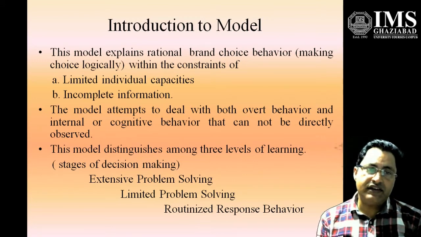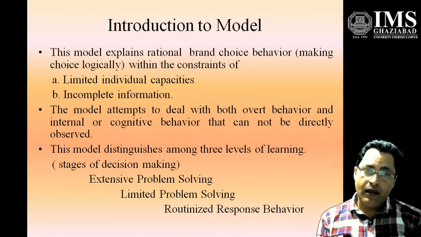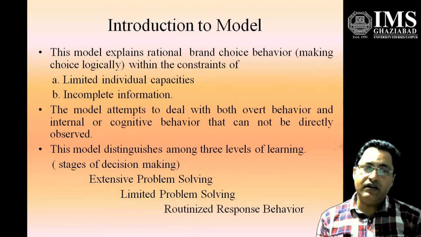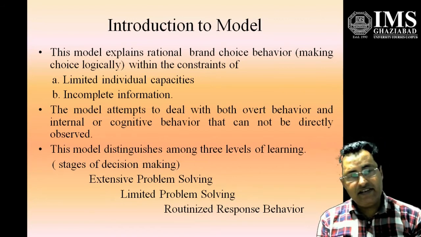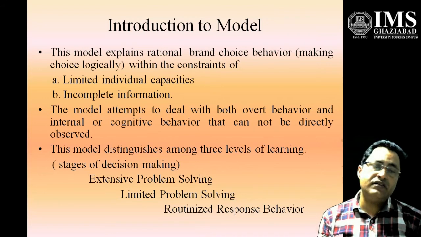The one condition is that the consumer has limited individual capacities. My capacity is limited, and I will behave within those limited capacities. The second thing is I don't have very much idea about the product, that is, I have incomplete information regarding the product.